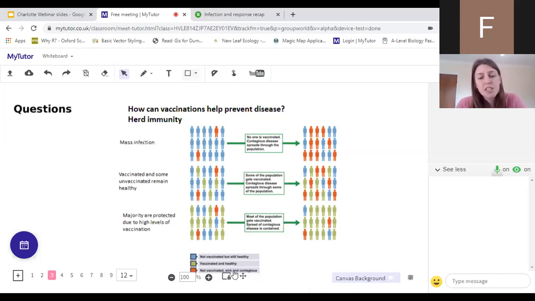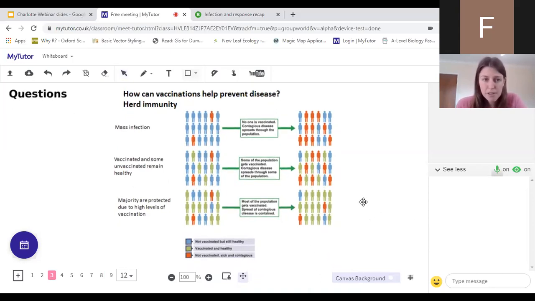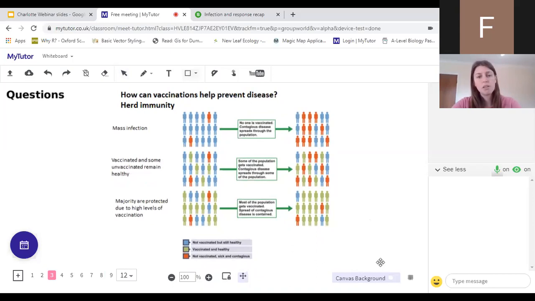So we've got these three scenarios here that explain to you how herd immunity is built up within a population. In our first scenario at the top, mass infection. We've got lots of these blue people who are not vaccinated but still healthy. So that's like most of us, in fact all of us at the moment from coronavirus.